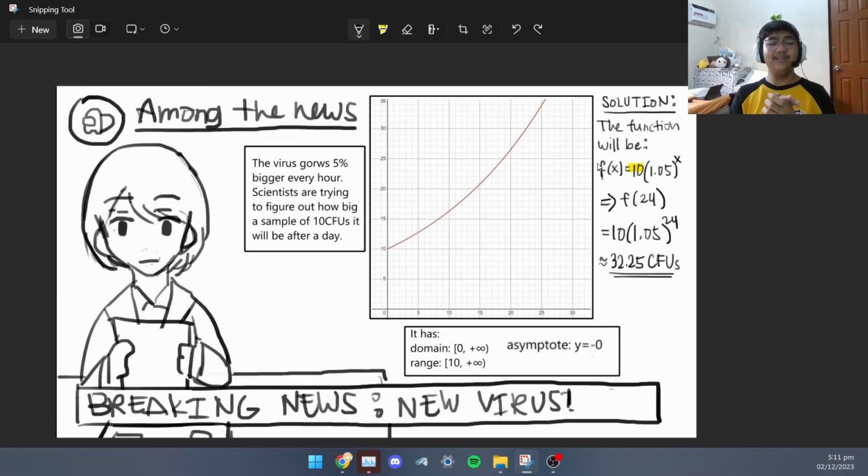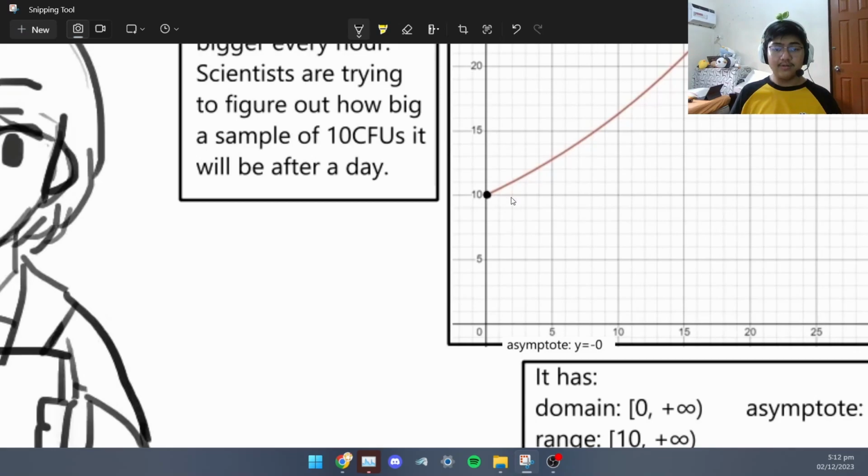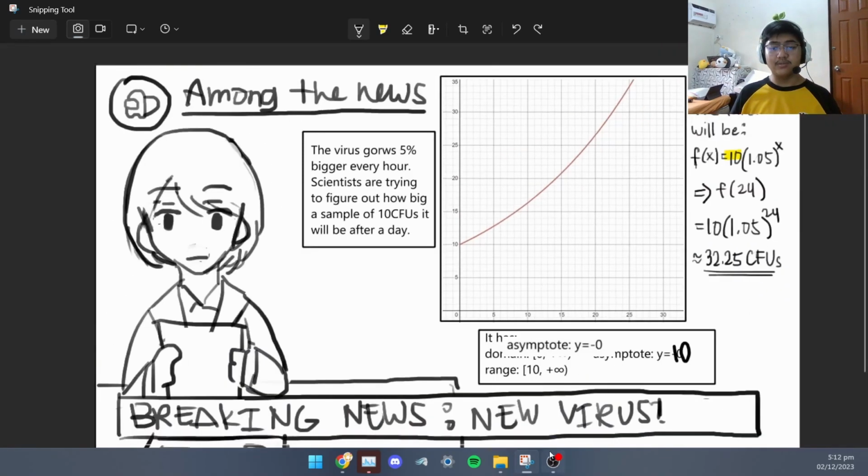Even if we extended the domain from negative infinity to positive infinity, we would still have no x-intercept because it is never set to touch the x-axis. Additionally, our y-intercept is presented right here at the value of 10. Basically, the y-intercept is now 10.